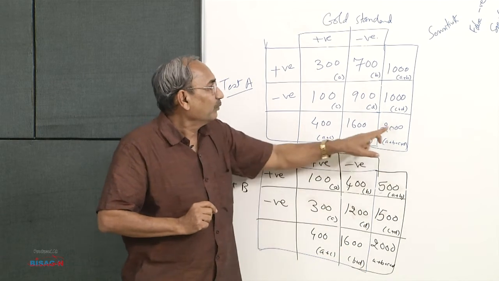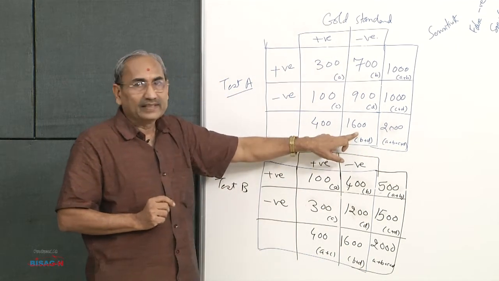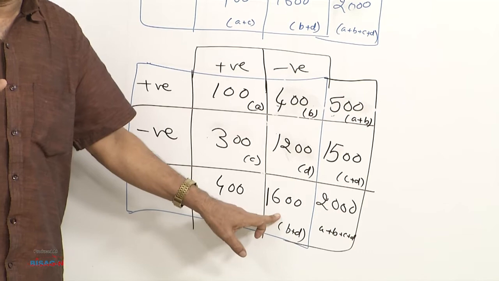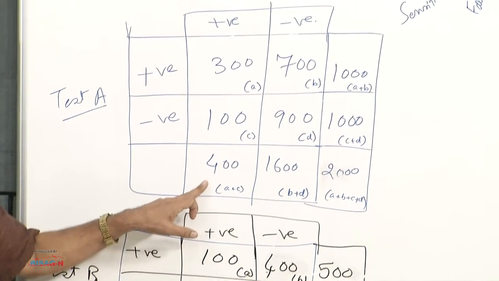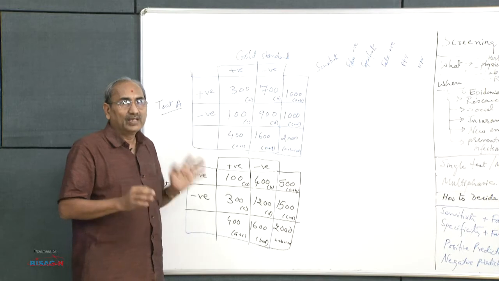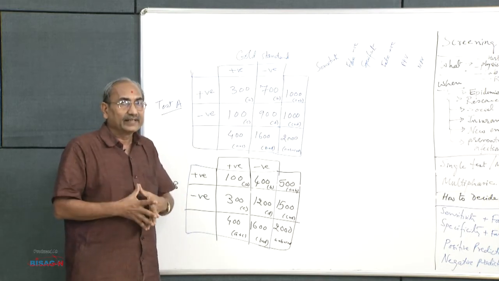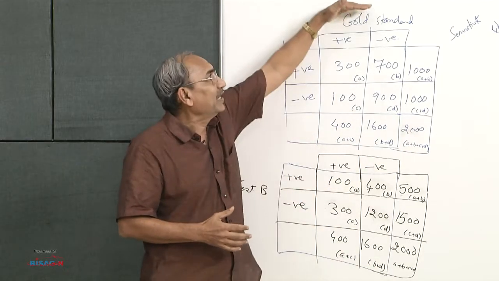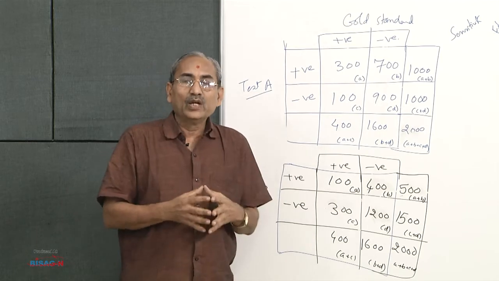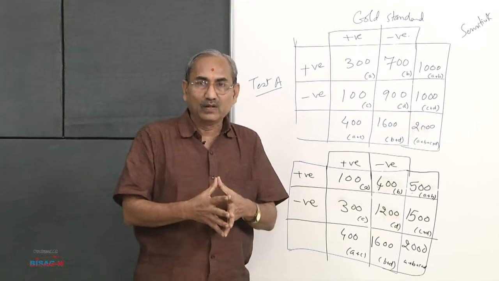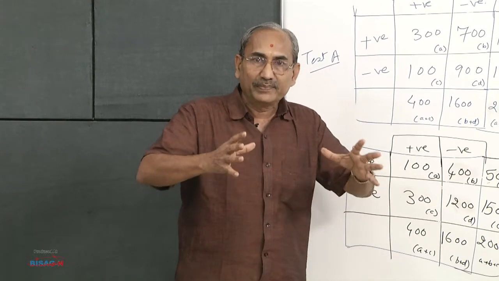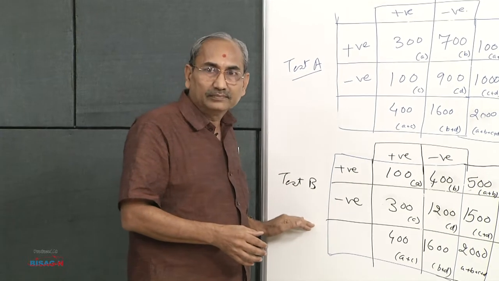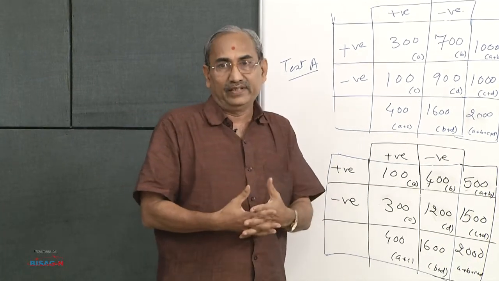If you look at both places, the gold standard is 1600 negative and here also 1600, because we use the same gold standard, and here 400 positive, 400 positive. The commonality is this 400, 1600, 2000, because it is based on the gold standard. I repeat, all 2000 people were screened with the help of test A and test B. Now, let us compare the result.